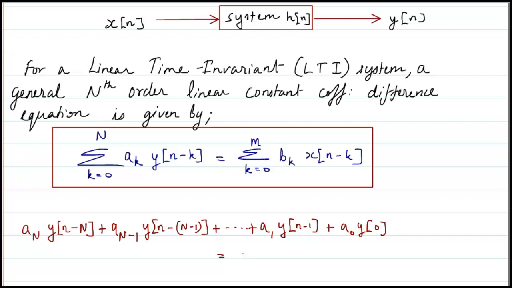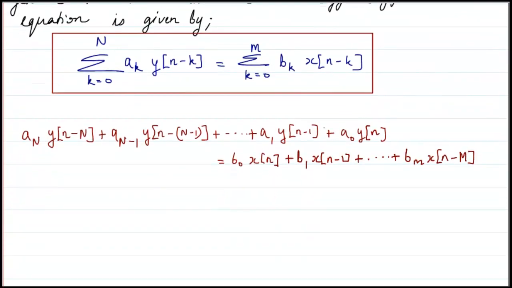So basically you have a difference equation, and here it will be b0 x of n plus b1 x of n minus 1 plus, like that, bM x of n minus M. So this is the expanded form of the difference equation, where ak and bk are real coefficients, or rather real constants.